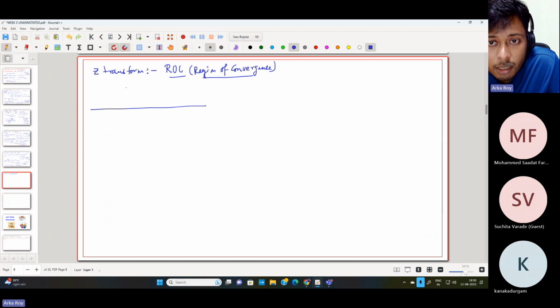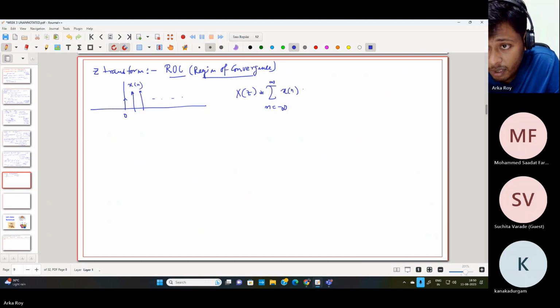So let us consider a very generic example of a strictly right-sided sequence. For example, it starts from n equals to 0 and goes up to infinity, and this is basically x[n]. So X(z) for this particular sequence will be the summation of x[n] z to the power minus n.